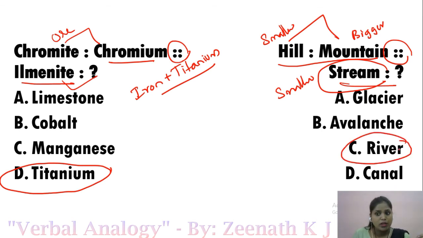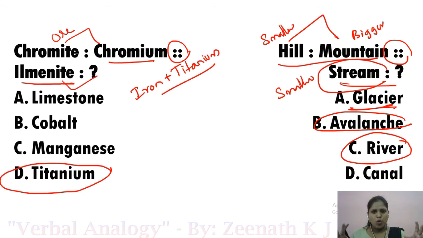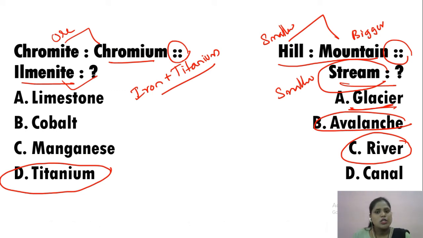The answer has to be river, because friends, glacier actually means mass of snow moving slowly, getting dissolved very gradually. Okay, avalanche actually means, you must have watched this in many movies, where the snow all of a sudden from the mountain starts pushing itself down. Sometimes it's extremely dangerous. That's exactly what is called avalanche. So both are not connected to water, it's actually connected to snow or ice. So the answer has to be river.